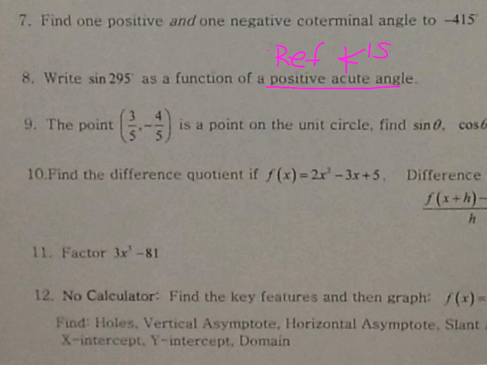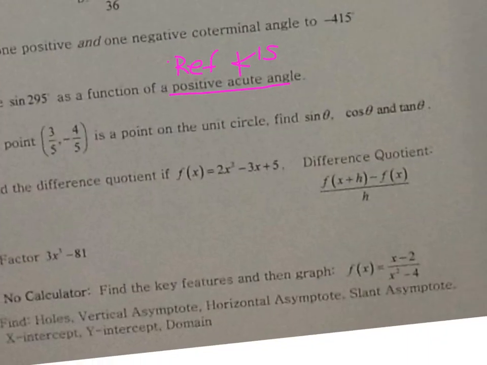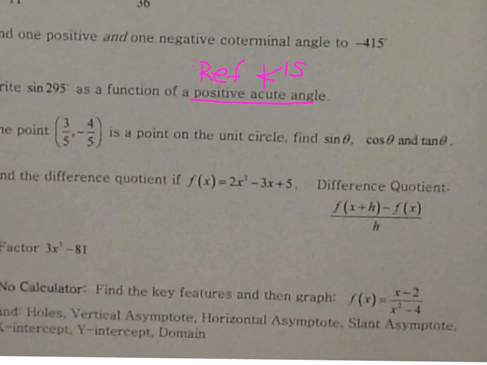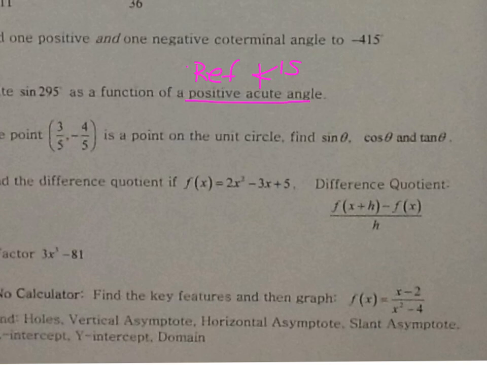All right, so let's graph 295. 295 terminates in quadrant 4. So I want the reference angle. Remember, the reference angle is from the terminal side to the x-axis. So this is your reference angle.